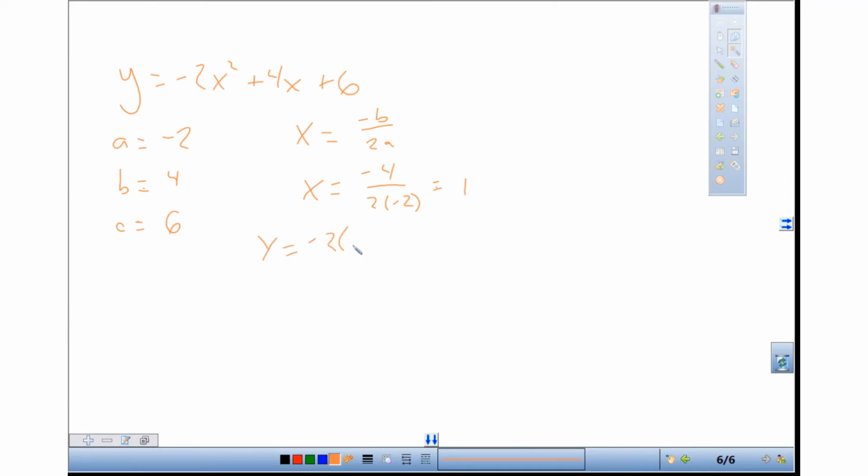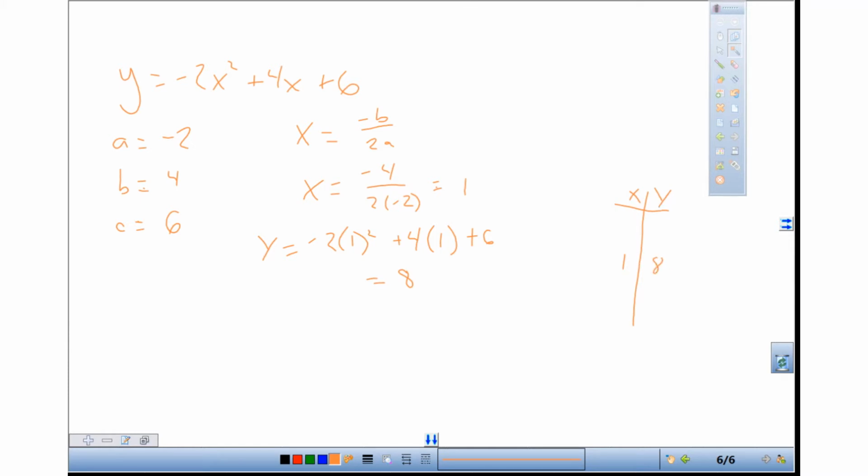So -2 times 1 squared plus 4 times 1 plus 6. When you plug that into your calculator, you get 8. So that means I have a vertex in our table of 1, 8.